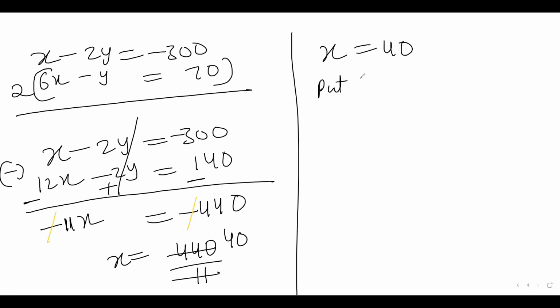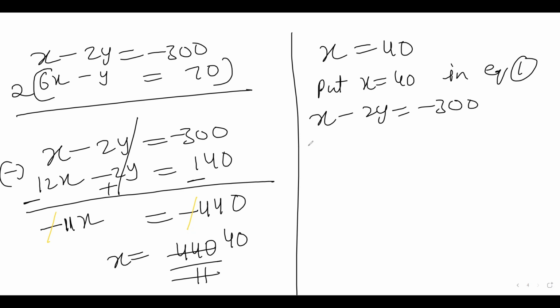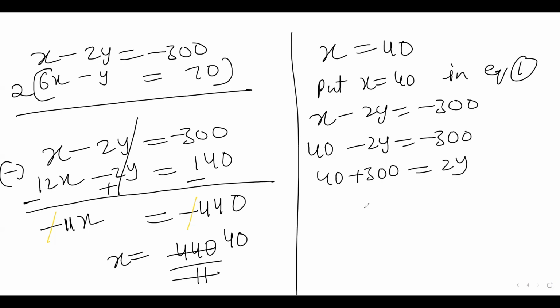Put x is equal to 40 in equation 1. What is equation 1? X minus 2y is equal to minus 300. X value is 40. Get 300 inside, it will become plus 2y outside, it will become plus 340 is equal to 2y. Y is equal to 340 by 2. Second person is having 170 rupees.